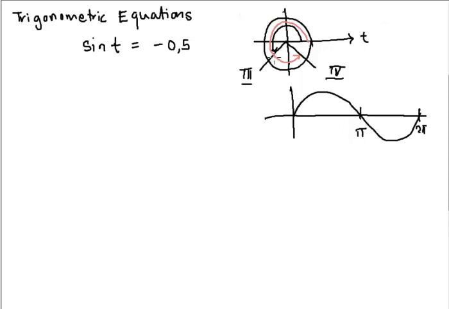Now, if I say this function is minus 0.5, let's say if this is minus 1 and that is 1, 0.5 is somewhere there, half, isn't it? Minus half.